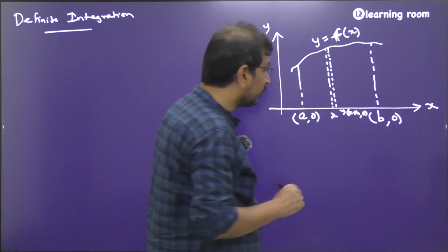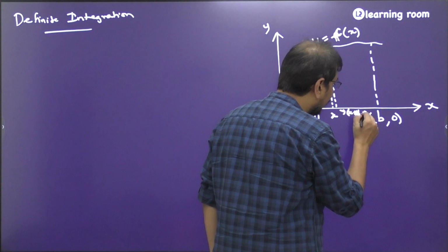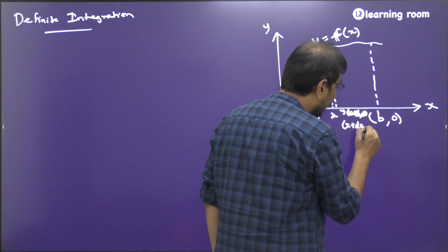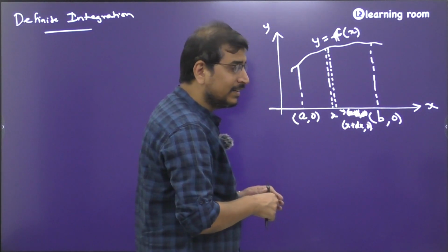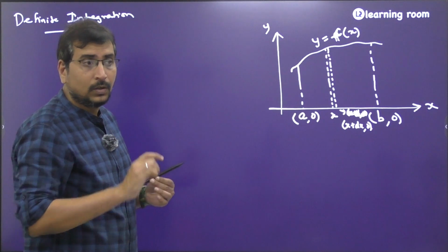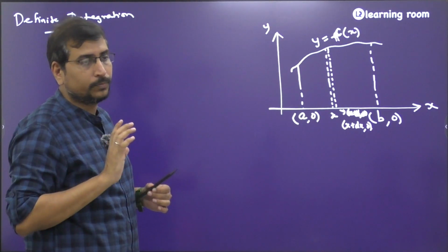Okay, to be more specific, I'll take it as x plus dx comma 0, where dx is this distance, which is a very small value.